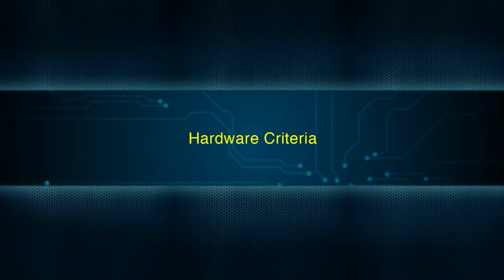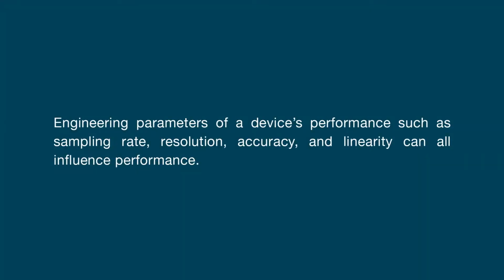Hardware criteria. Various other characteristics can distinguish input devices but are perhaps less important in distinguishing the fundamental types of interaction techniques that can be supported. Engineering parameters of device performance such as sampling rate, resolution, accuracy and linearity can all influence performance.